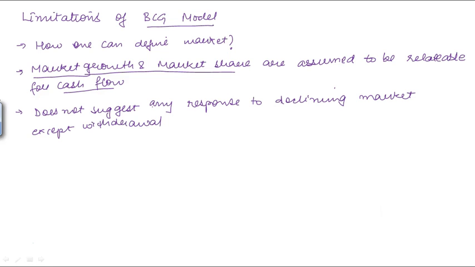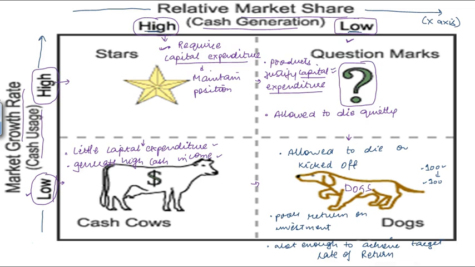What we have seen each time, if there is poor return on investment or not enough return on investment, is that it clearly says allowed to die or kicked off.